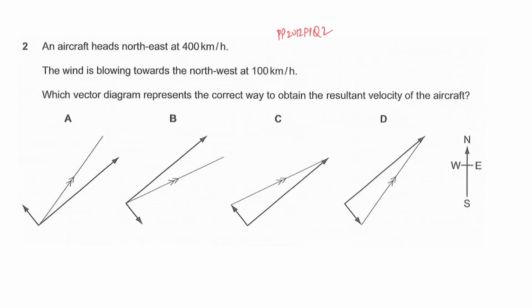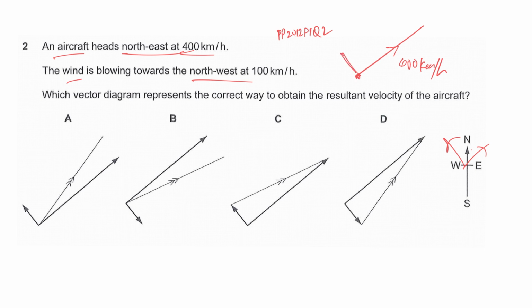In this question, you have an aircraft that heads northwest at 400 km per hour, which is roughly around this direction. So this point here represents the aircraft, and let's start with this 400 km per hour. Then you have the wind that's blowing northwest, which is in this direction, so I can draw it here.